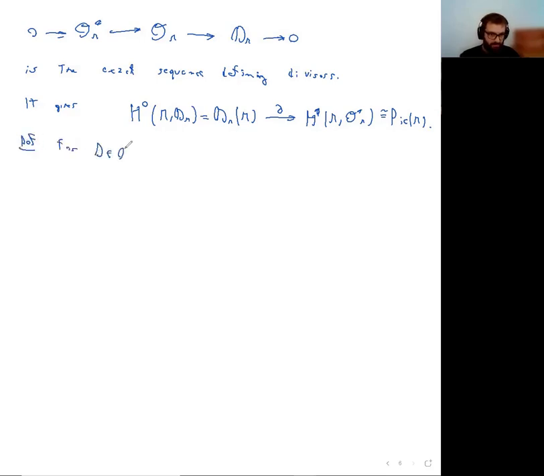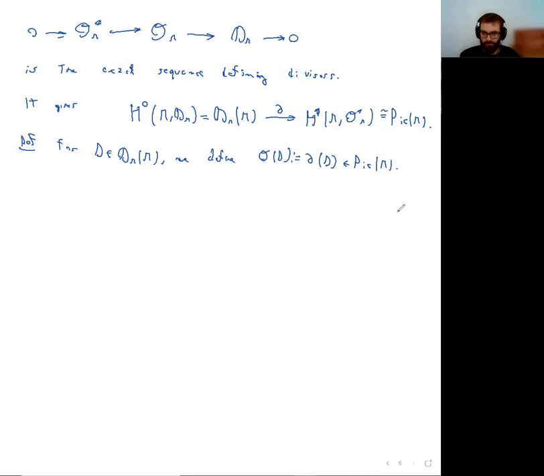So let's take a divisor. And we define O of D to be simply the bundle associated to D in the Picard group.